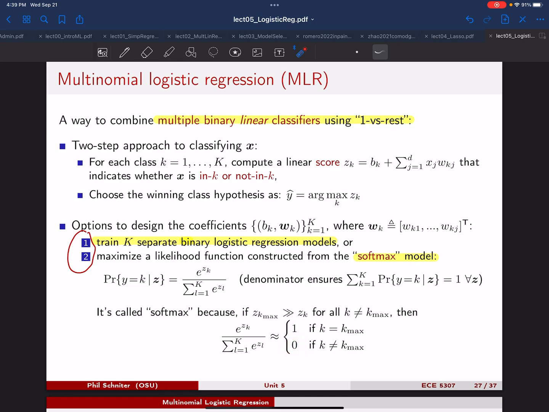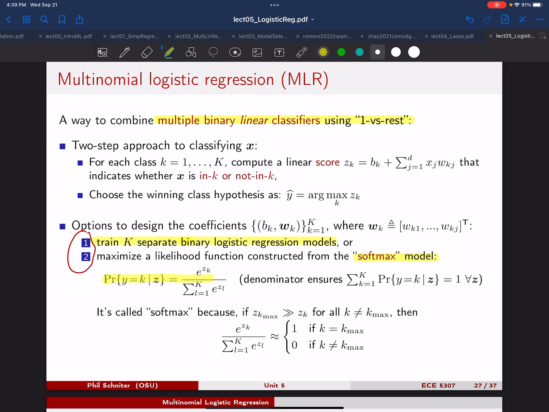So it's kind of like a one-hot encoding. It gives you something like a one-hot encoding when one of your scores is much greater than the other scores. So anyway, that's the main idea now.